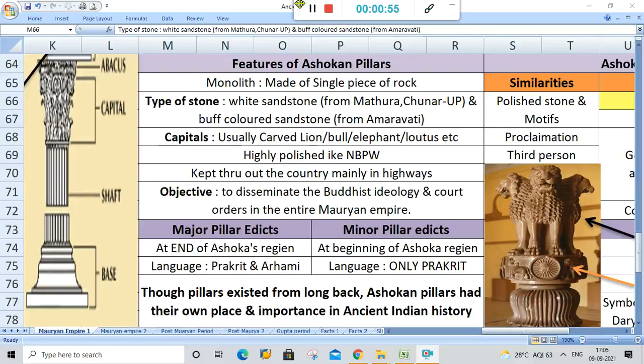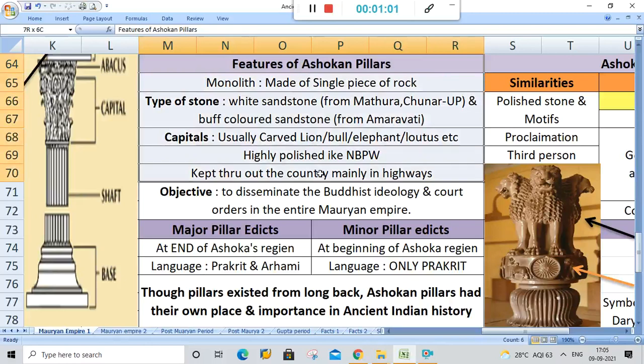Okay, now we will be moving to today's class, that will be Ashokan Pillars. Before knowing about the Ashokan pillars, their features, and many more details, let's have a look at how the structure of a pillar is. Any pillar structure can be categorized into four parts.